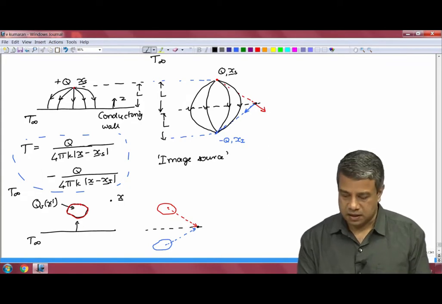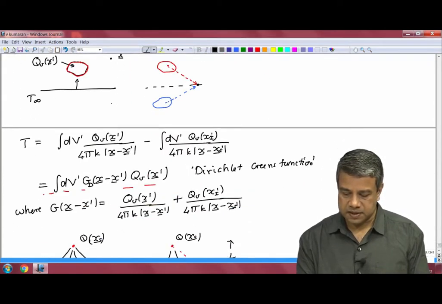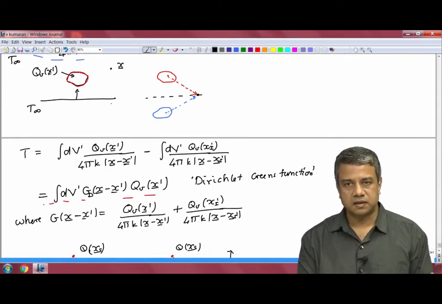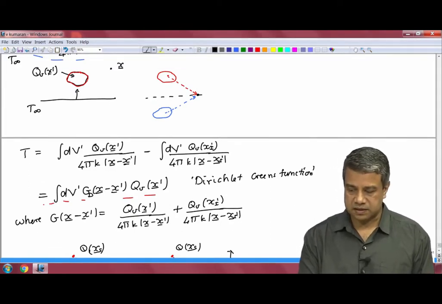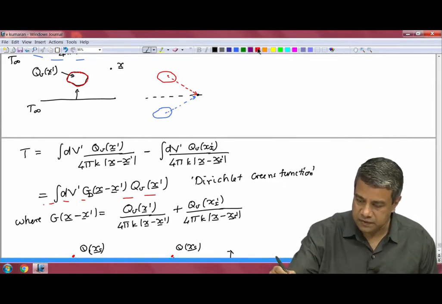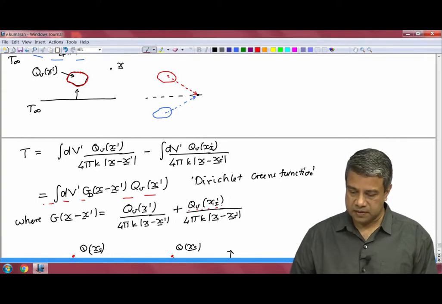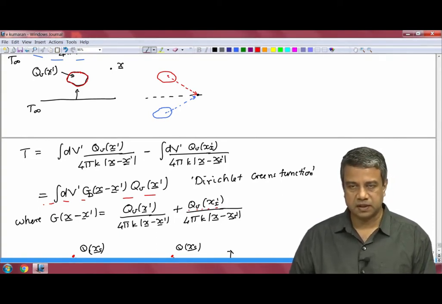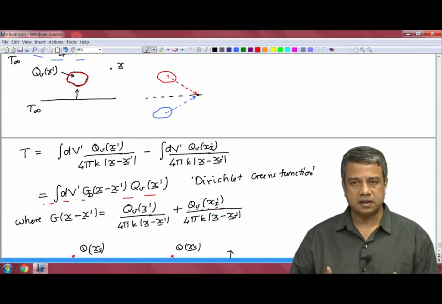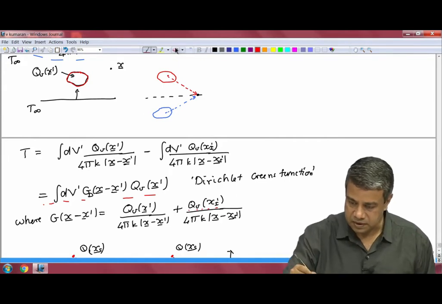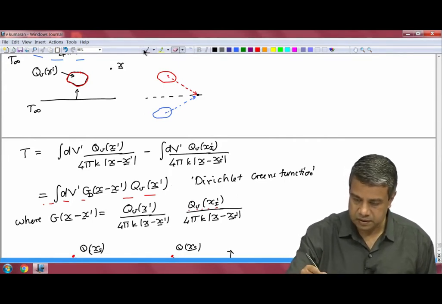And I had shown you how you can express the Green's function as the summation over the sources and over the sinks. Note that QV of xi prime is equal to just the negative of QV of x prime, because at the image the flux is just the negative of the flux at the source. So, this has to have a negative sign here.